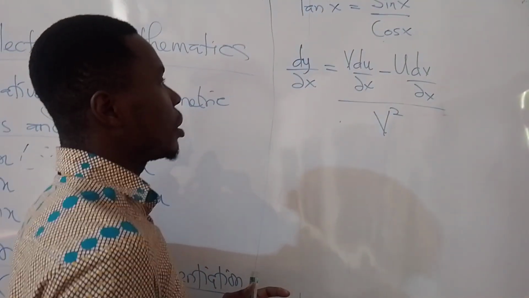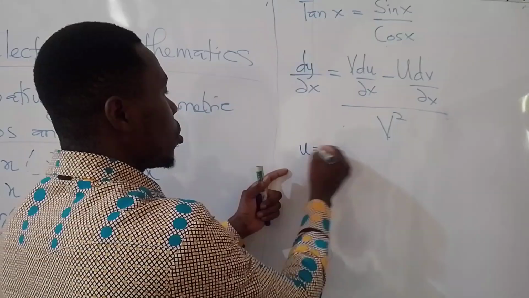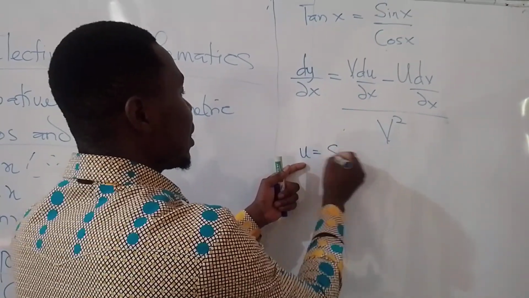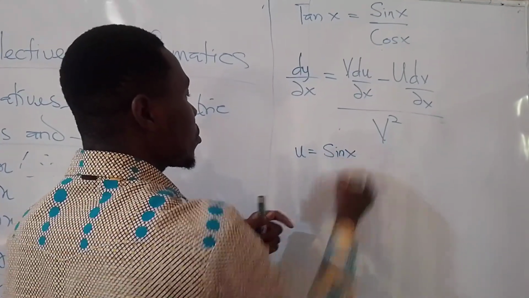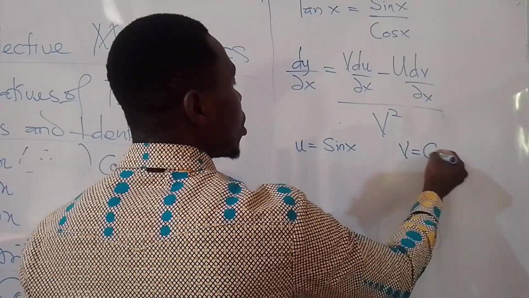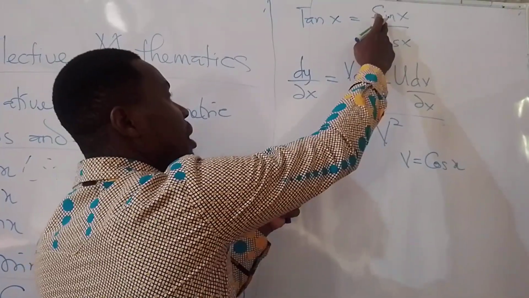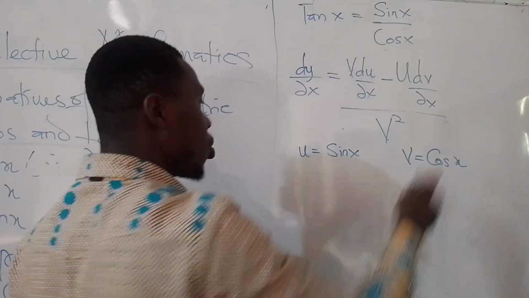So we will let u be sine x and v be cos x.